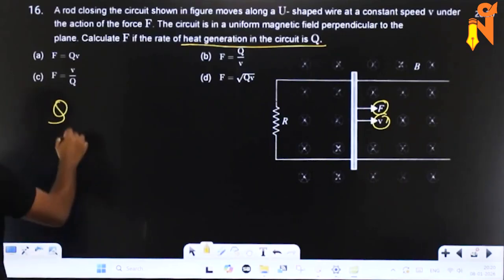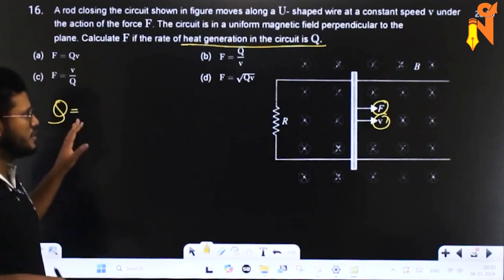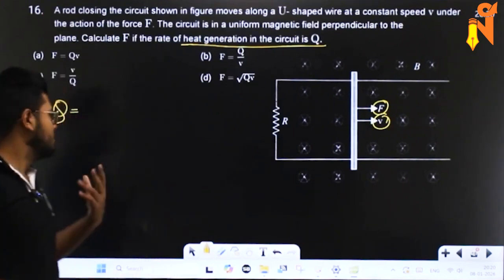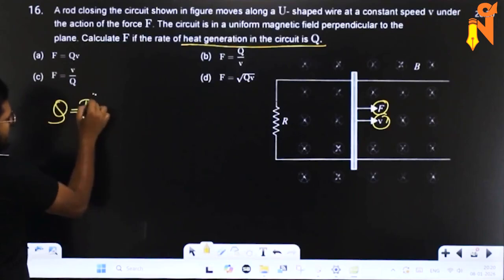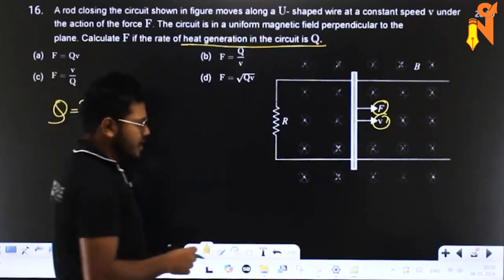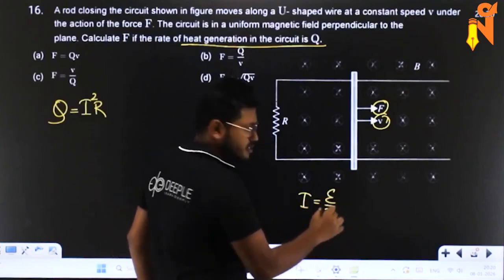So, okay, rate of heat generation is Q. How to write that? Q equals, you can do this directly here also, but still I would try to do it with very basics. This is nothing but I squared R, right? Now I need to know the expression for I, and I is nothing but EMF by resistance, right?